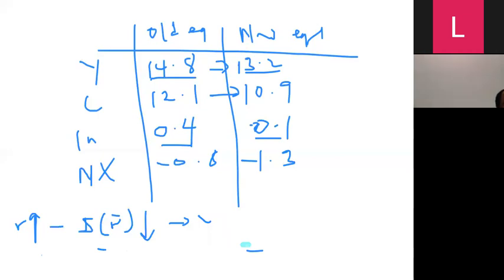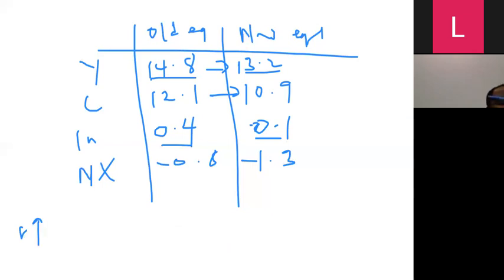The next one is net export. What happened? The real interest rate has increased. If you are analyzing from the net export perspective, remember interest rate parity: the return on domestic investment should be equal to that of foreign investment.